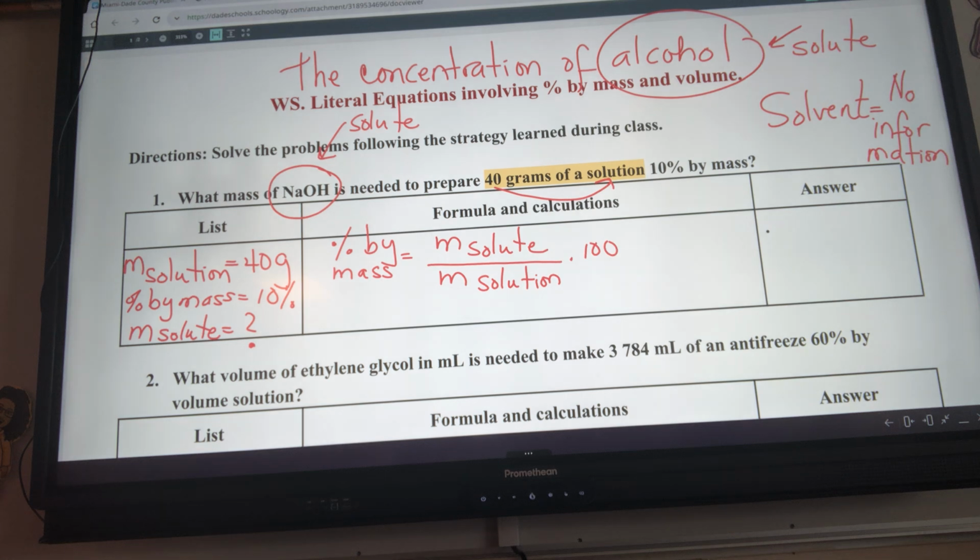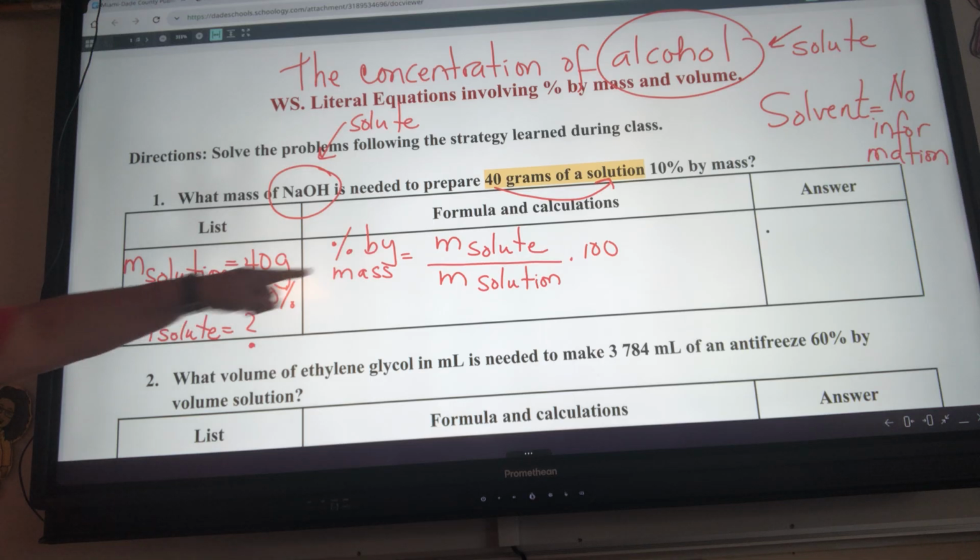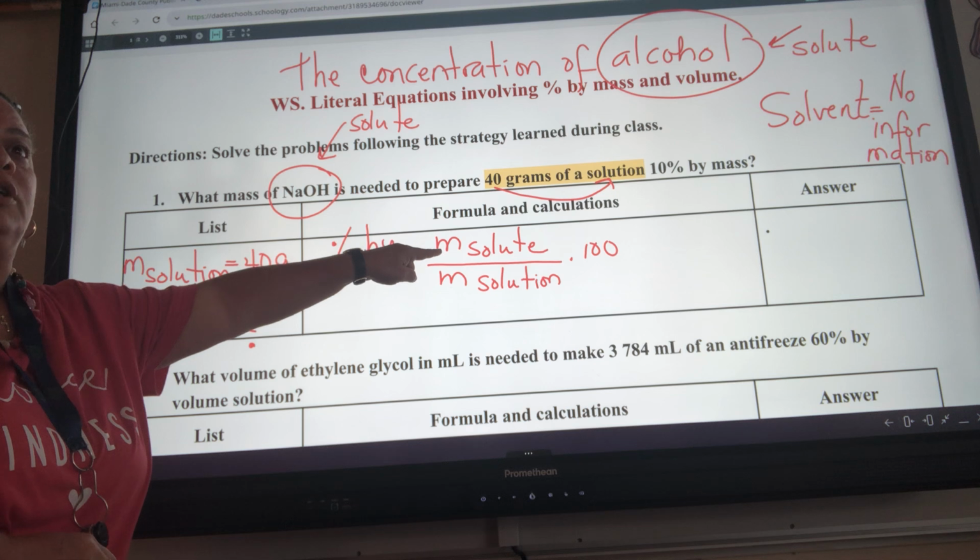Do I have the percent by mass? Look at the list. Yes. Do I have the mass of the solution? Yeah. What do I need to find? The mass of the solute. Which part of the equation is this, yes or no?